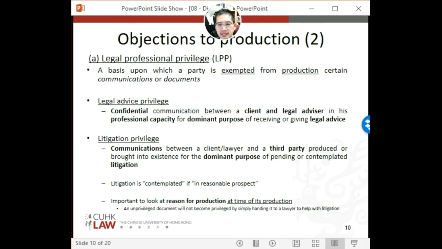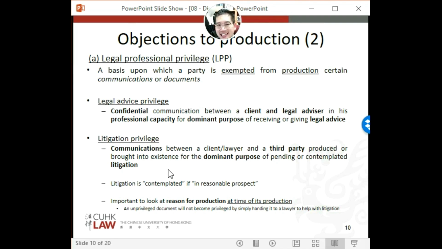Litigation privilege is similar, so communication between client and a third party. So this is not limited to a lawyer, but anyone. Let's say I'm interviewing witnesses about a potential claim, or I'm defending against a claim, for the dominant purpose of pending or contemplated litigation.